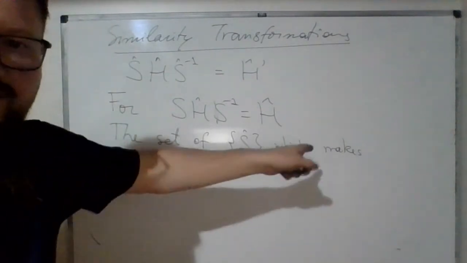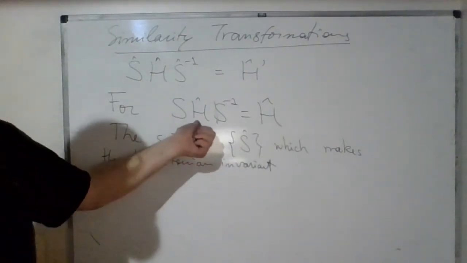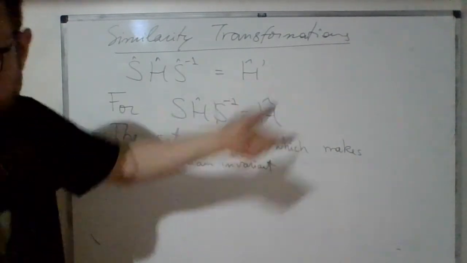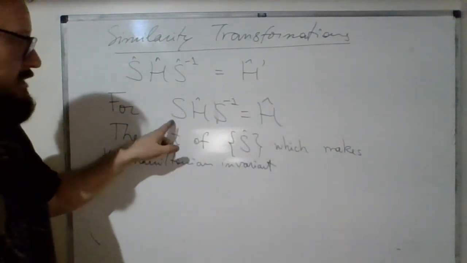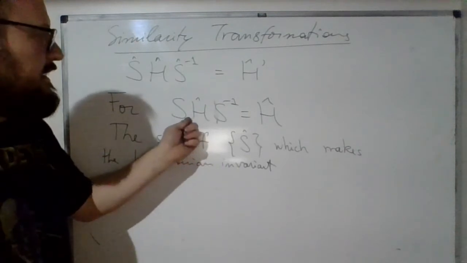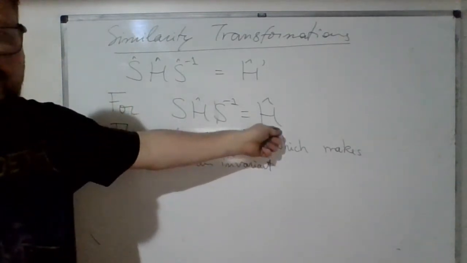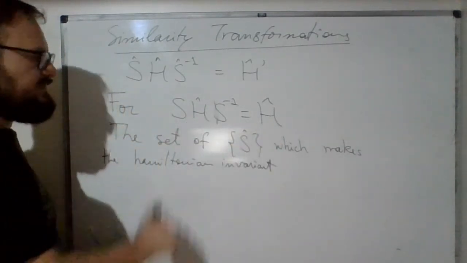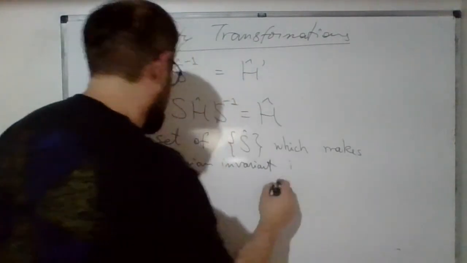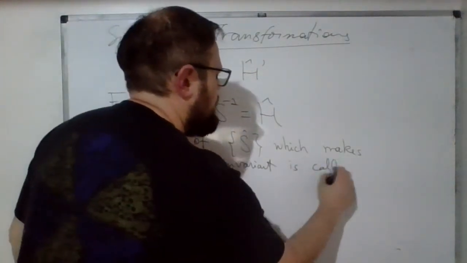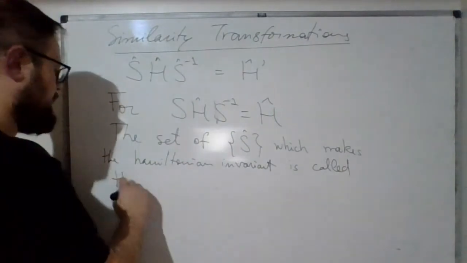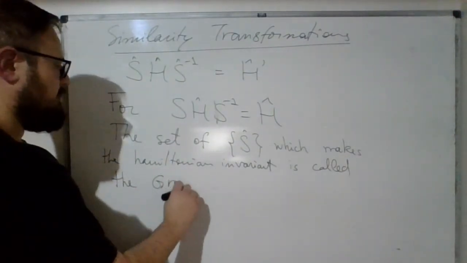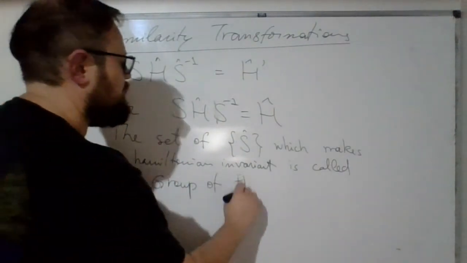The set of all transformations of the Hamiltonian matrix or operator, the operations which lead the Hamiltonian to itself, is called the group of the Hamiltonian.